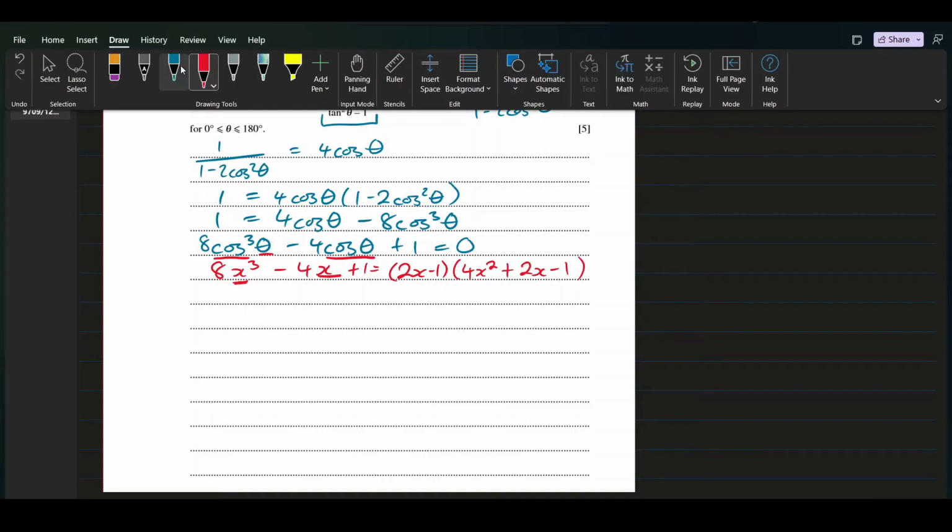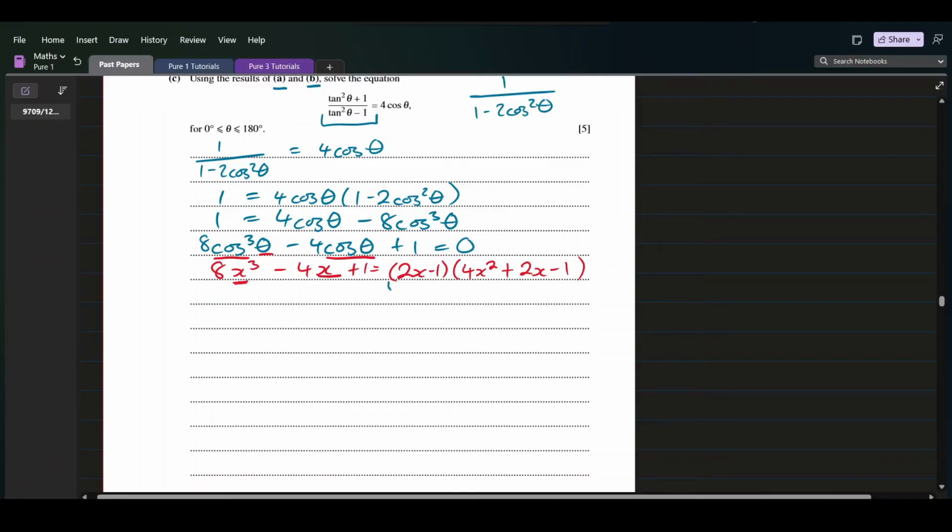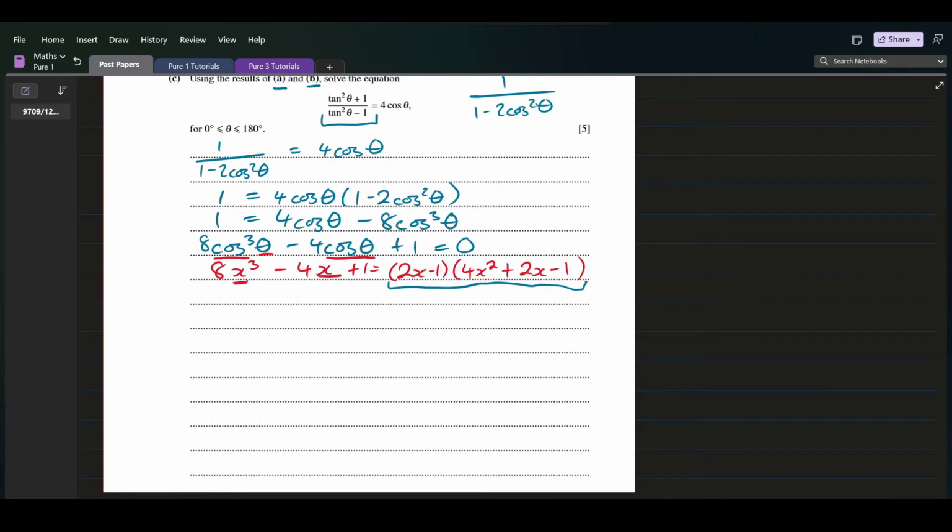This means that in our blue equation, we can simply factorize it to become 2x minus 1 times 4x squared plus 2x minus 1, except where there's an x, you're going to write cos theta. So it becomes 2 cos theta minus 1 times 4 cos squared theta plus 2 cos theta minus 1 is equal to 0.